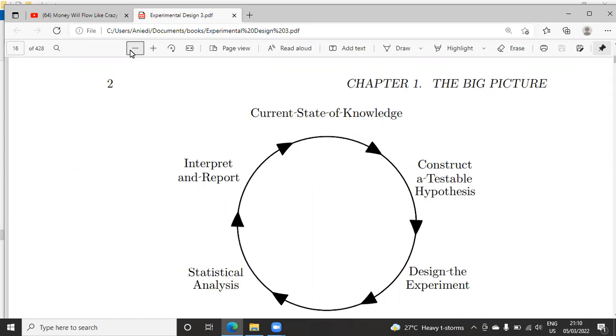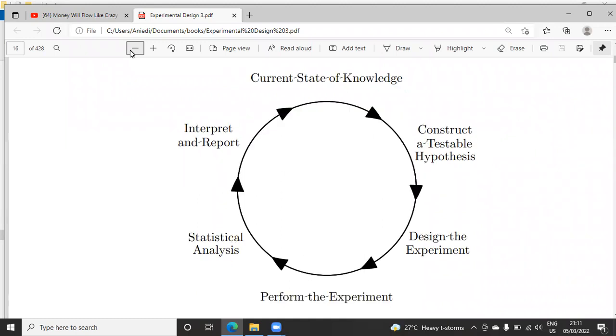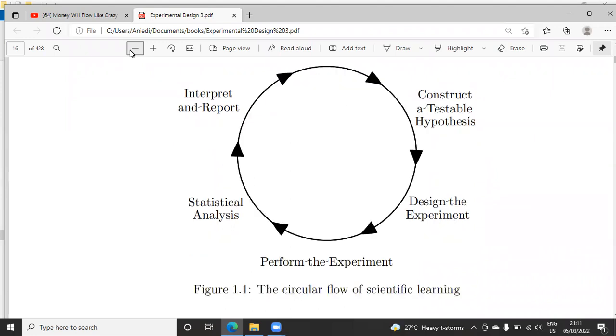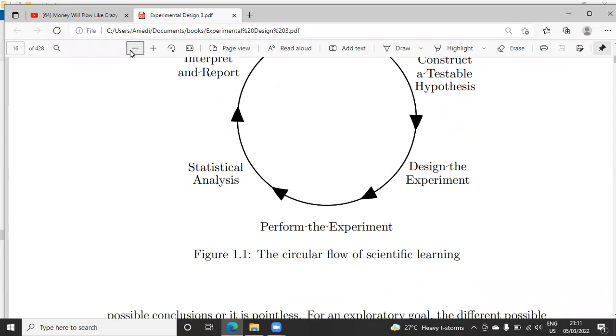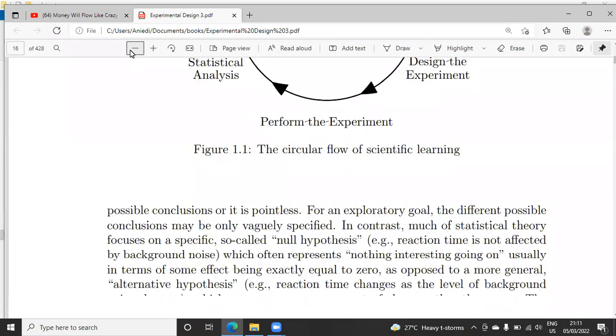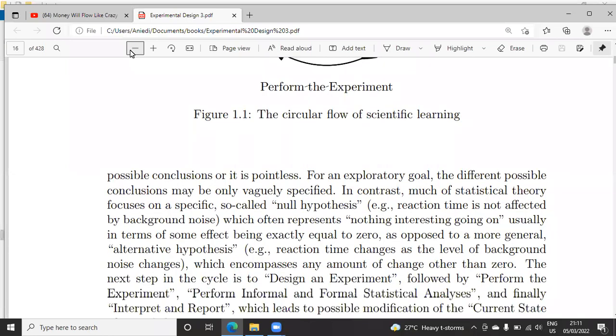And because of the question, we were likely to conduct a research to answer the question. While conducting the research, you must have a hypothesis. You design how you want the experiment to work, and you have an analysis, and then you interpret the report. So this is a circular flow of scientific learning.